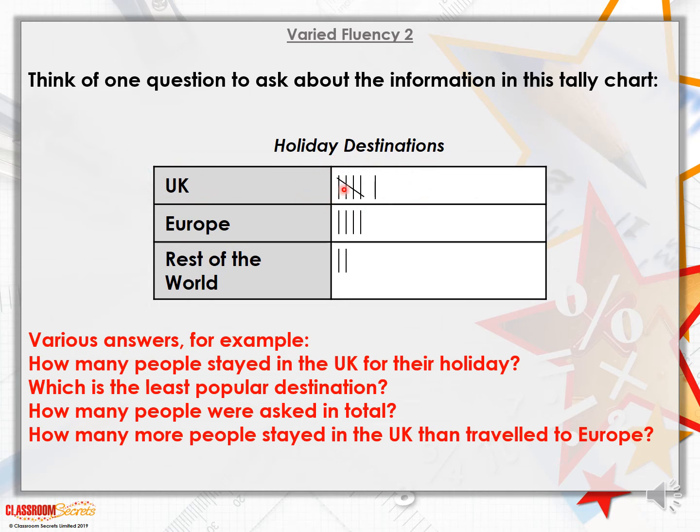And remember, each one of these fences or gates is worth 5 because it's got 1, 2, 3, 4, and then 5 sticks. And then don't forget the extra one here, so 5 and 1 is 6. So from that question, I can get the answer from looking in this tally chart. How many people stayed in the UK for their holiday? Well, I can work out that was 6.